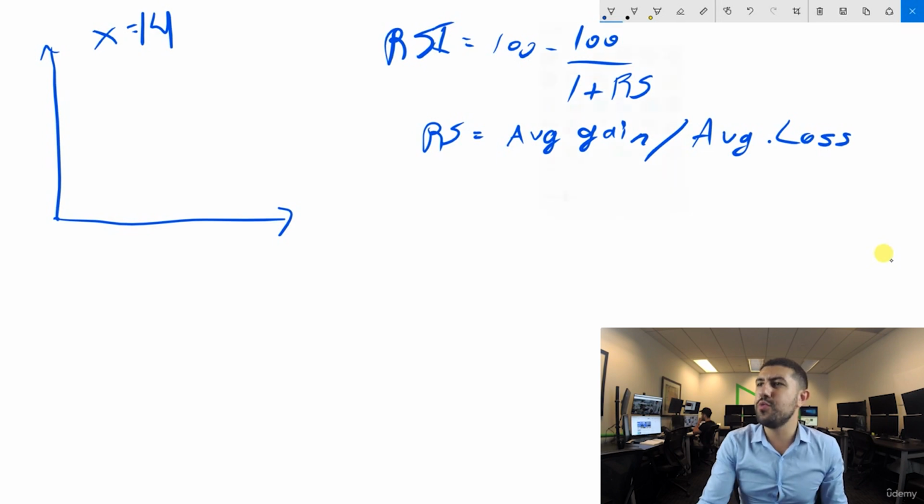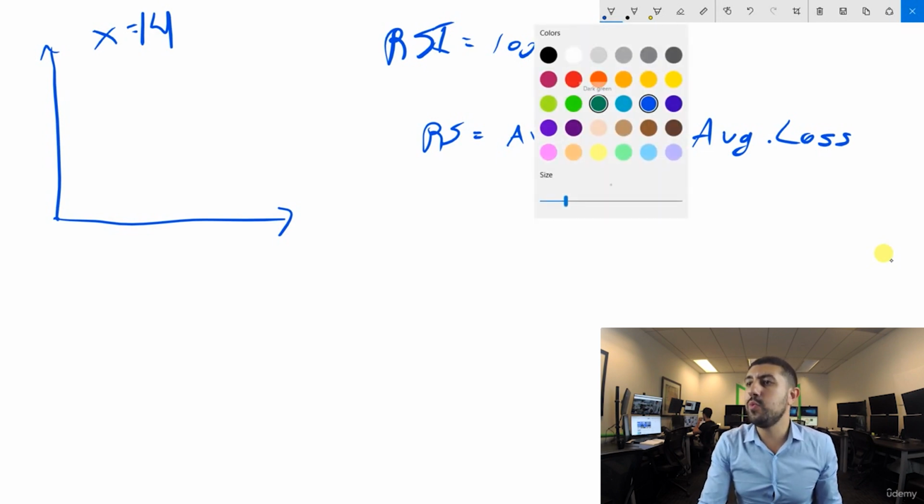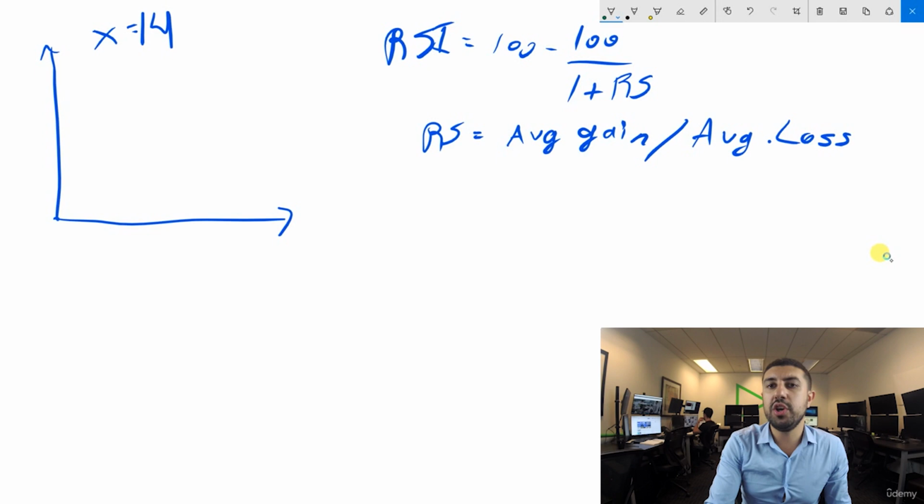So what do we mean about average gain? What we actually mean is we're going to look at our green candles, okay, when the stock is going up, and then we're going to be looking at our red candles, so when the stock is going down.